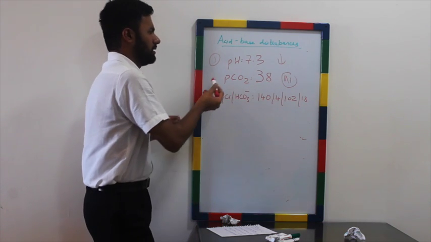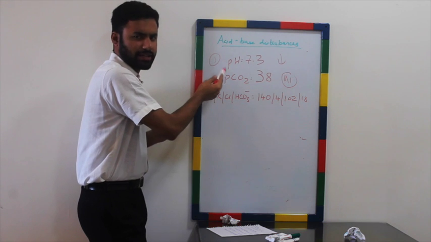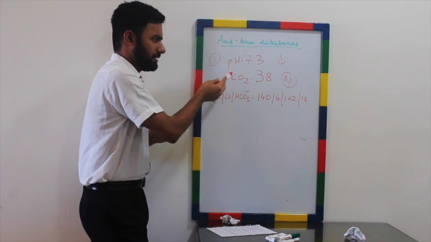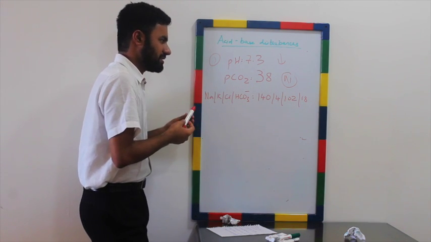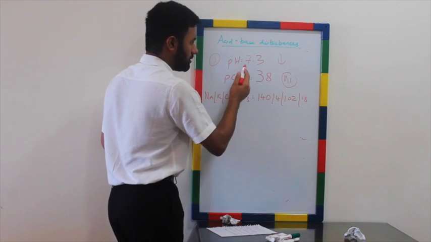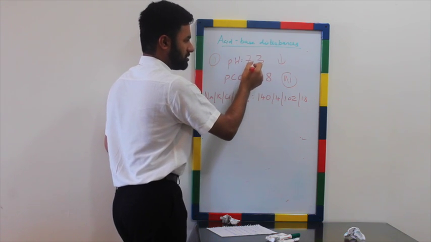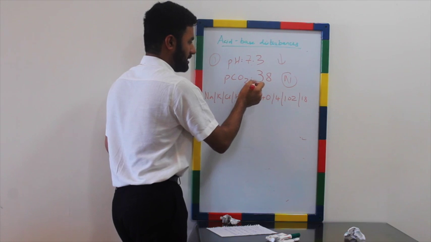So in this case, the directional change in pH identifies a type of metabolic disorder. You have a compensatory respiratory disorder. So you have a mixed disorder, a mixed metabolic acidosis with a respiratory alkalosis.